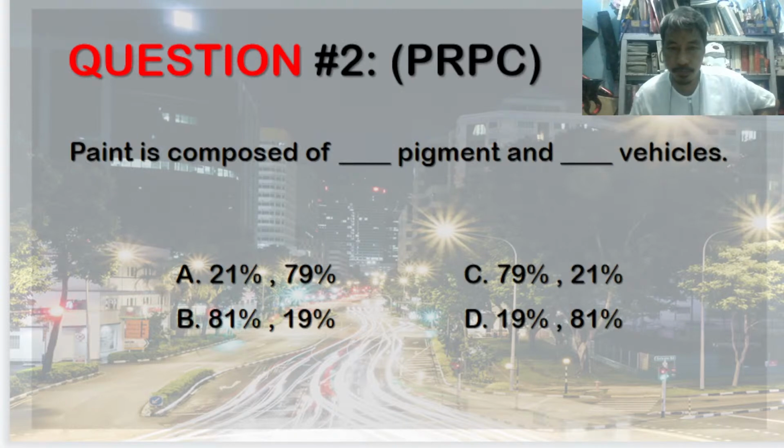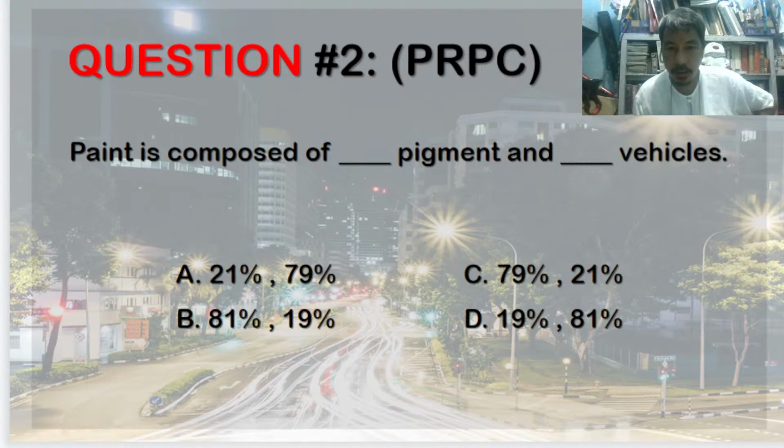Question number 2. Paint is composed of blank pigment and blank vehicles. Letter A, 21% pigment, 79% vehicle. Letter B, 81% pigment and 19% vehicle.